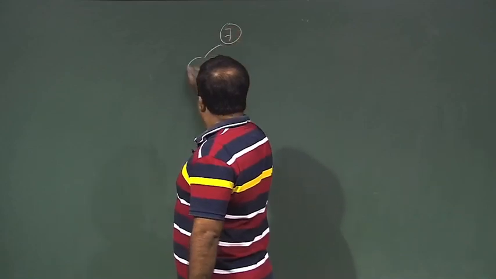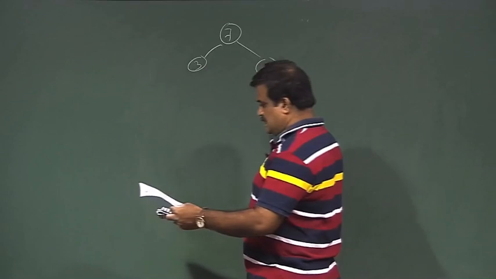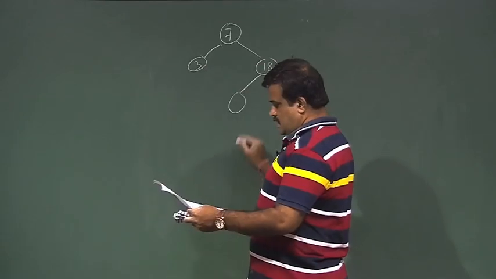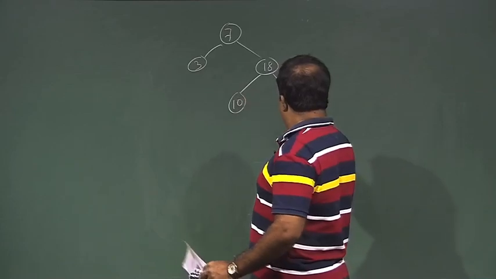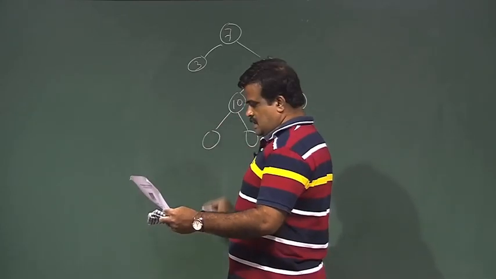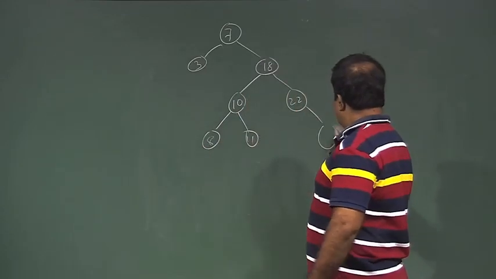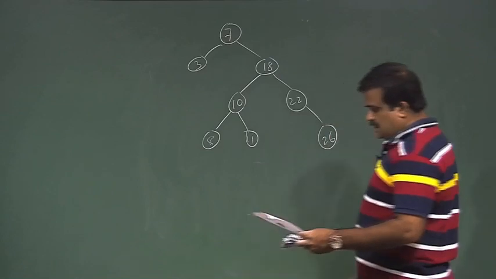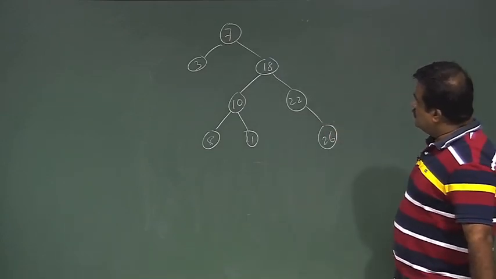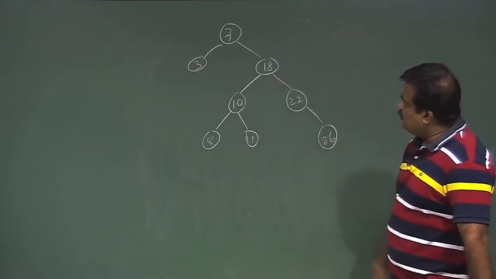We have 7, say 3, then 18, 10, 22, 8, 11, and we have 26. Suppose these are the numbers given, and this is a binary search tree.